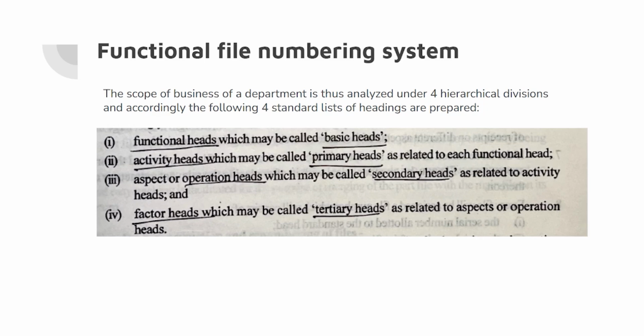Third, aspect or operation heads, which may be called secondary heads as related to activity heads. And fourth, factor heads, which may be called tertiary heads as related to aspects of operation heads.